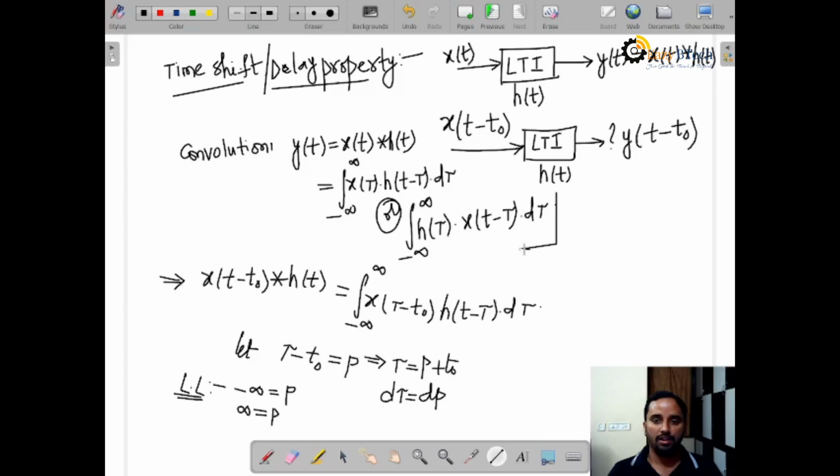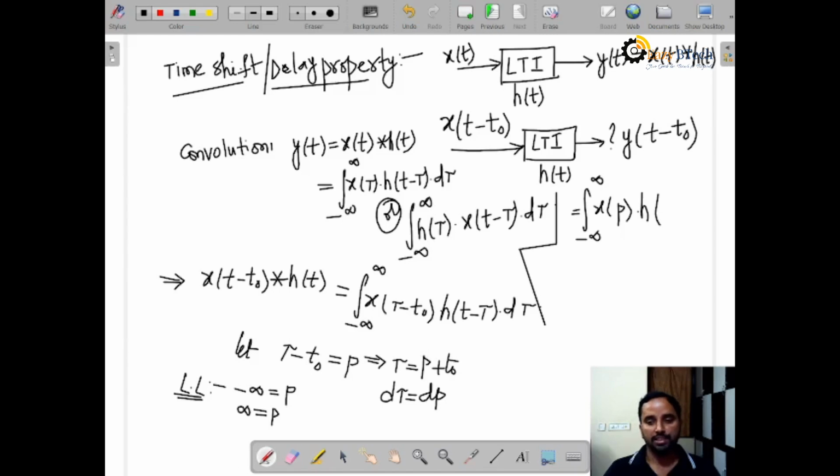So let's take that integral, minus infinity to plus infinity of x of p, right or not? Because tau minus t naught is p, into h of t minus tau.